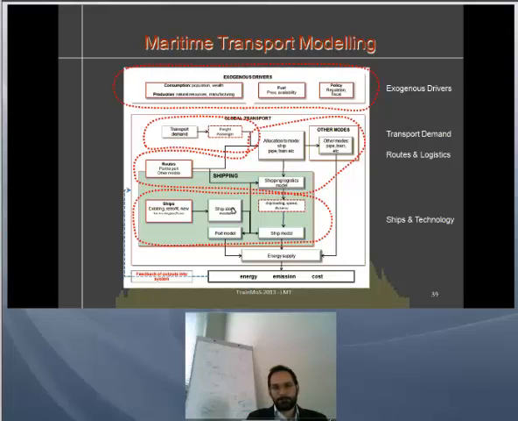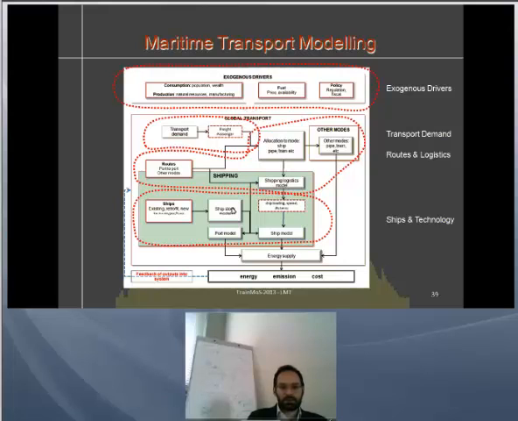So we have actually selected, during the logistic model, the type of ship and the type of cargo that we want to transport, and we need now to define what are the existing technologies, if the current ships can address this transport need, or if we need to look for something else.